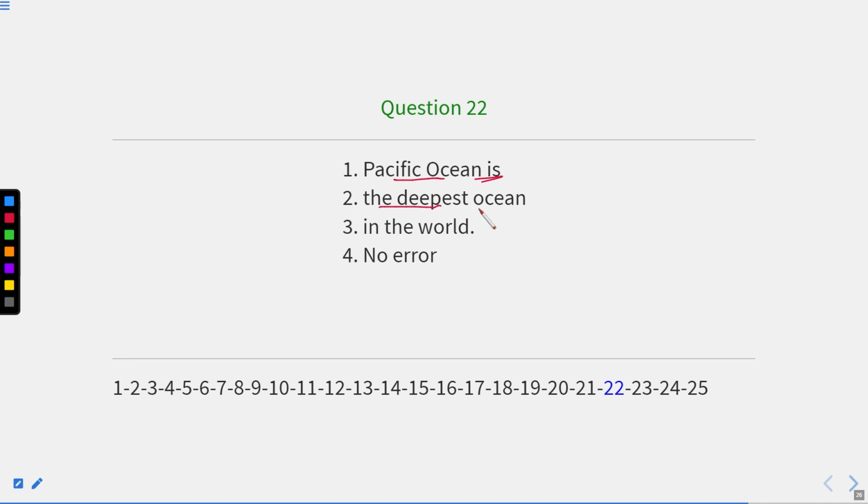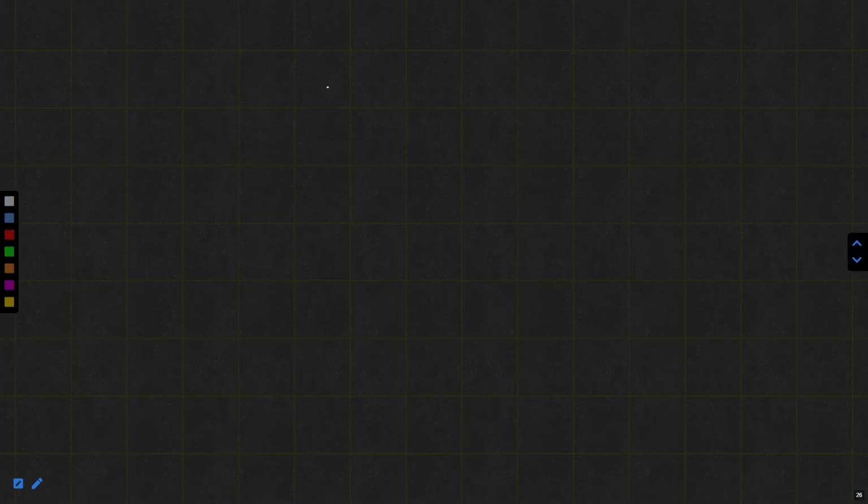Pacific Ocean is the deepest ocean in the world. Now, whenever we write the names of oceans, what are the oceans? The four oceans: the Pacific Ocean, the Indian Ocean, the Atlantic Ocean, the Arctic Ocean. Before the names of mountain ranges, rivers and seas, we always use the.